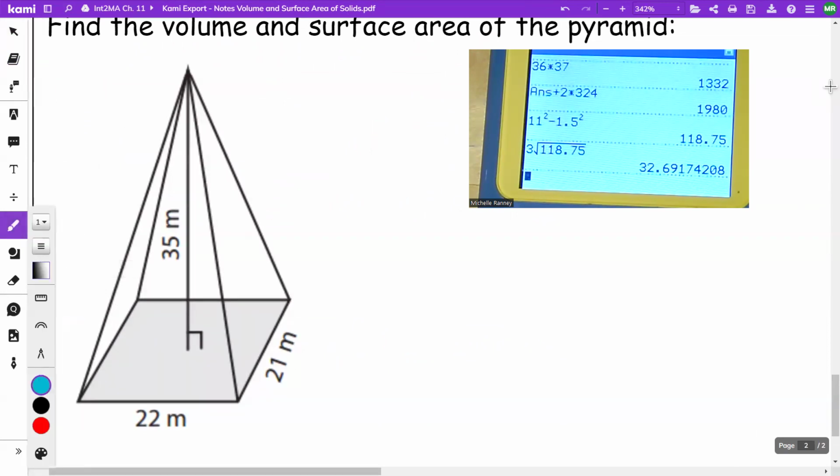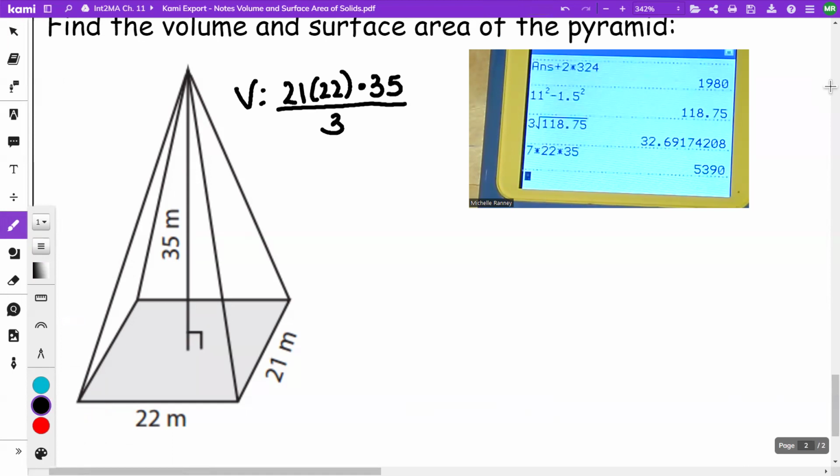We're going to take the area of the base, which is going to be our 21 times 22, times the height, which is 35. Now that would be it as a prism. I'm going to divide it by 3 since it's a pyramid. So I'm really going to have 21 divided by 3 be 7. So 7 times 22 times 35. I end up with 5,390 meters cubed. That's going to be my answer for my volume.